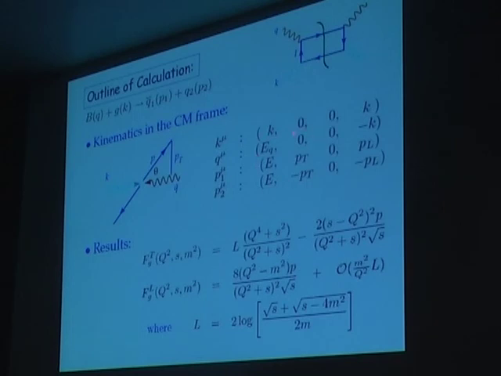This is the kinematics when you calculate this, and in the center of mass, again, you have these four components. And this is the result. In this result, there is this quantity called L, which involves a logarithm of your center of mass energy, which is related to Q squared, and the mass, which I have kept.